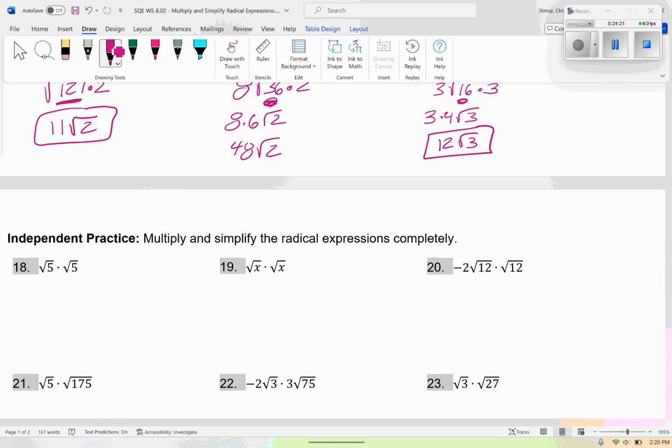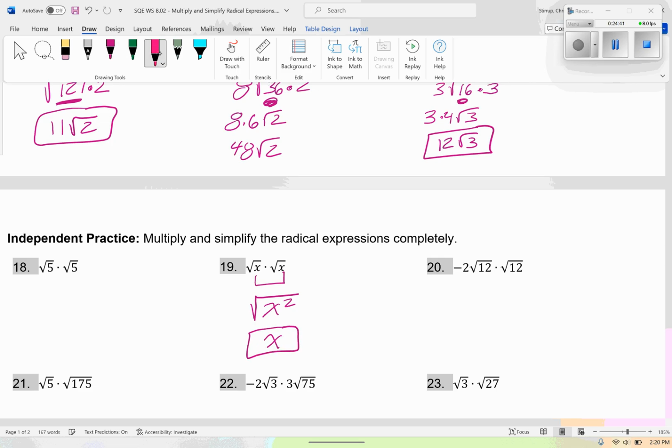Take a look here. If I multiply insides, what do I get? X squared. Friends, does anyone want to know what the square root of x squared is? What's the square root of x squared? Just x. Okay?